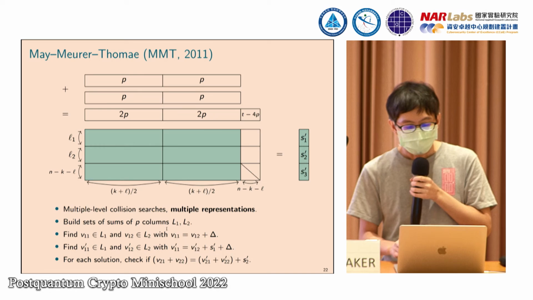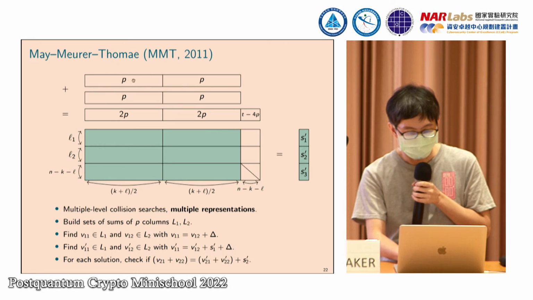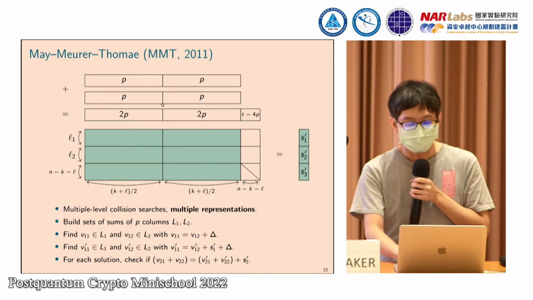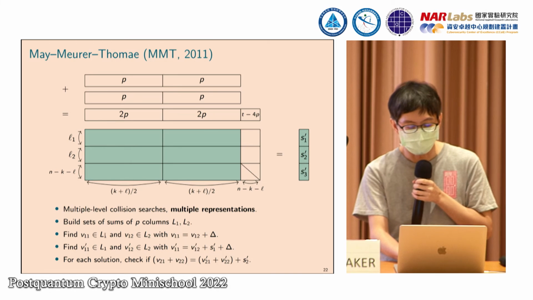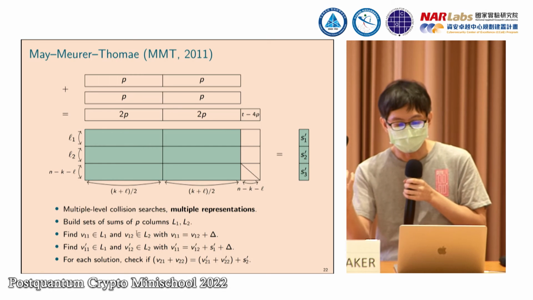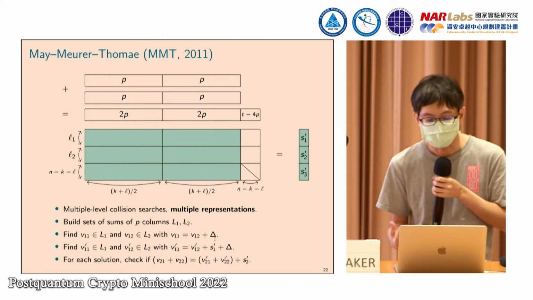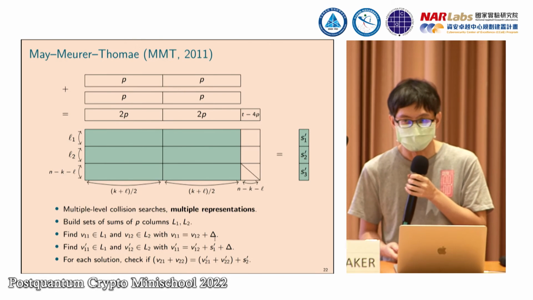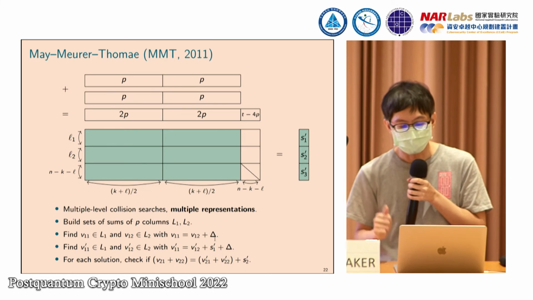Then you first try to find a solution for this part. For this part, you try to find collisions between vectors in L1 and vectors in L2 plus some delta, where delta can be some random vector that you pick. So this is one collision search.